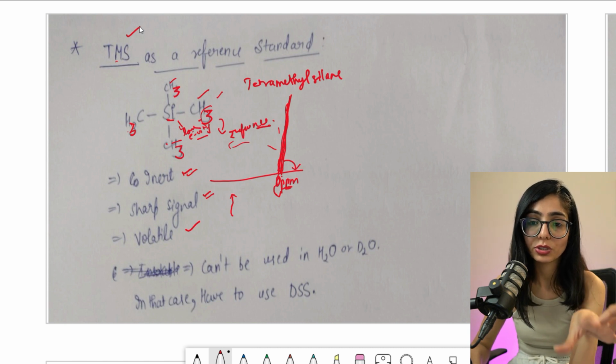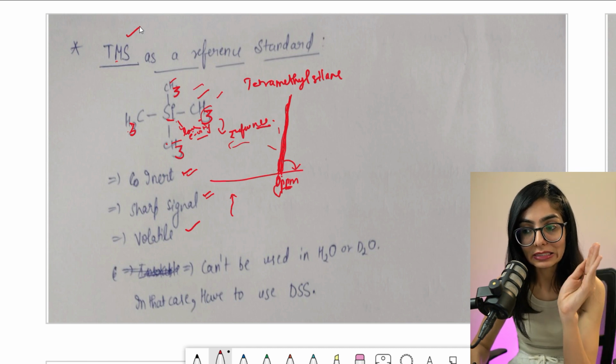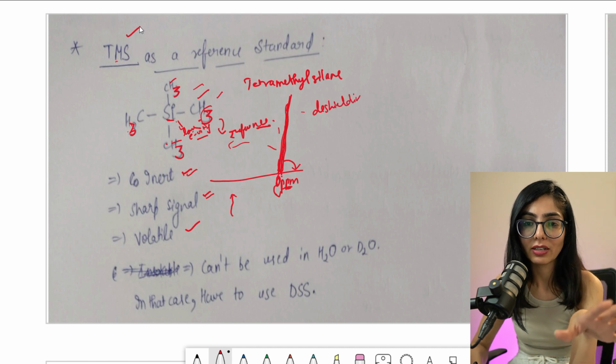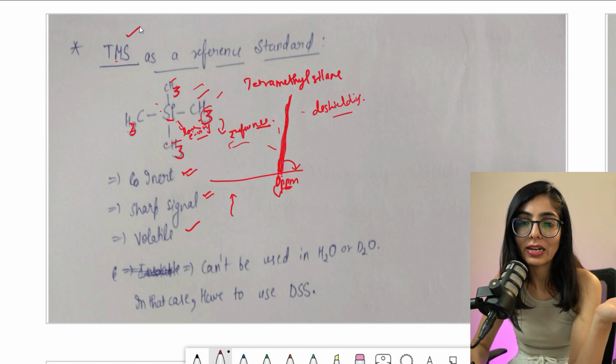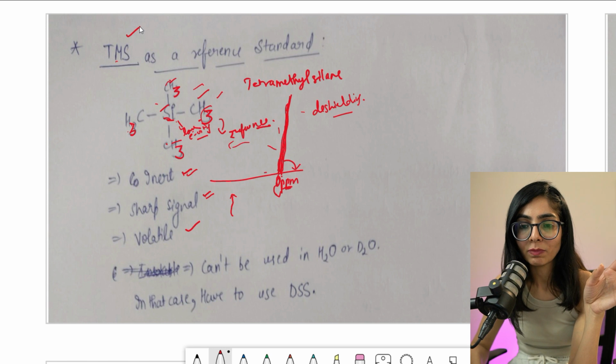I'm sure that you did not understand this thing, but I'll teach you this in the coming 2 to 3 lectures, when I'll be talking about deshielding and shielding. We'll talk about everything: why less electronegativity is causing more shielding of hydrogens over here, and why we are getting a signal at 0, at such a low value.